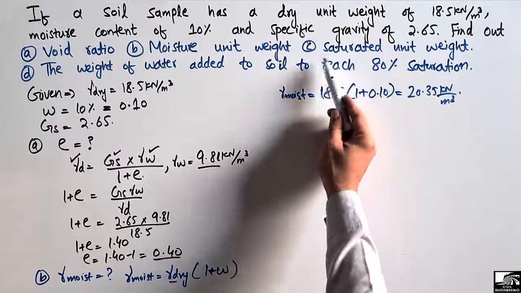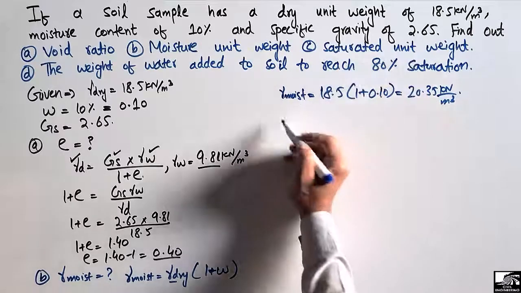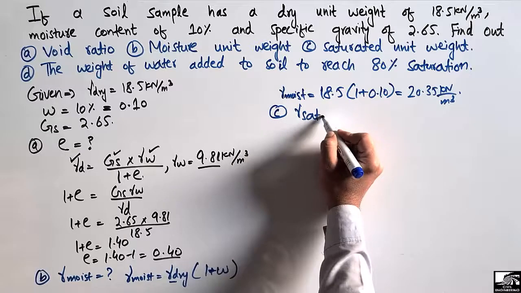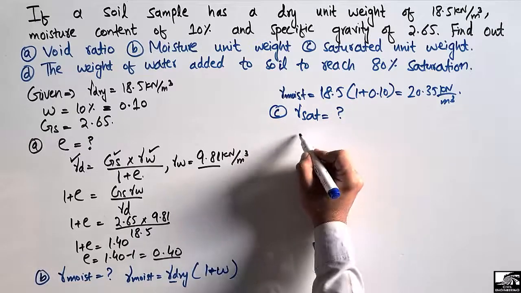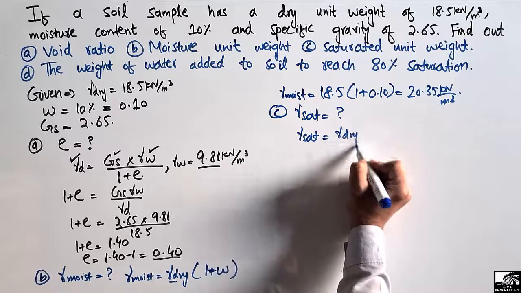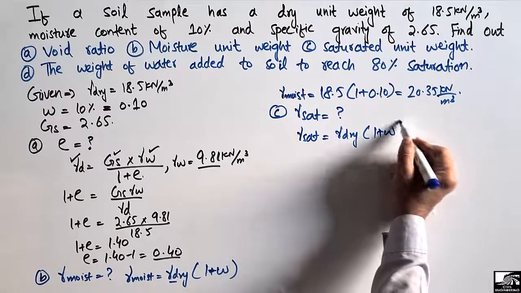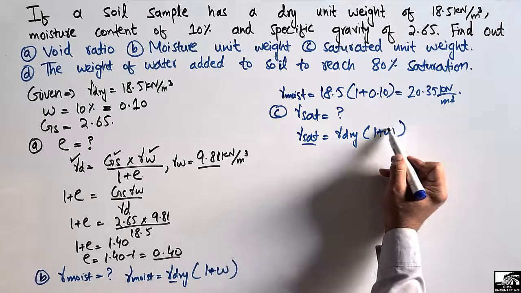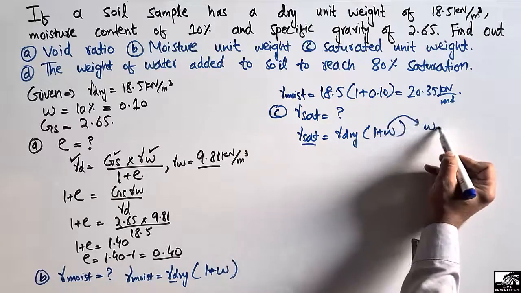Now the third one is how to find out the saturated unit weight. It can also be found this way: saturated unit weight is equal to gamma dry into 1 plus w. But in this case, for the saturated case, we don't know the water content.